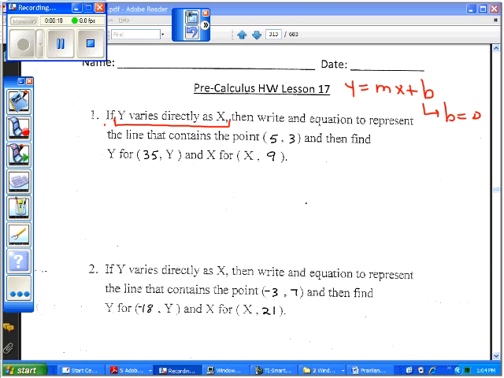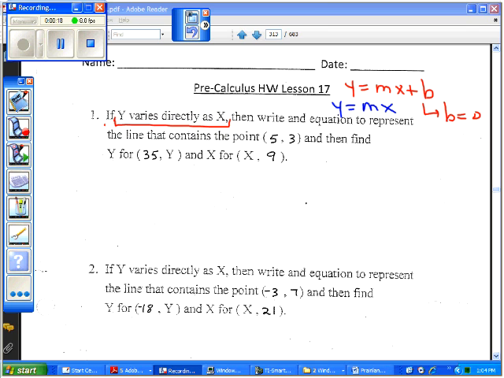If it says y varies directly as x, that means that we have a linear equation of the form y equal mx plus b where b is 0. If b is 0, then we have y equal mx.